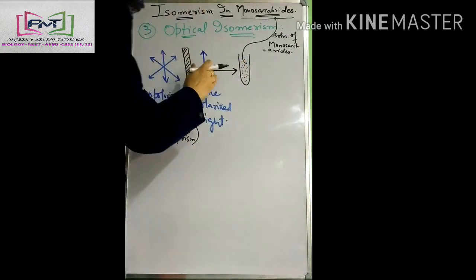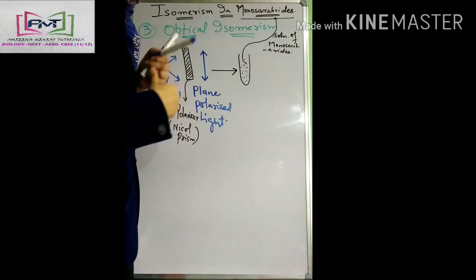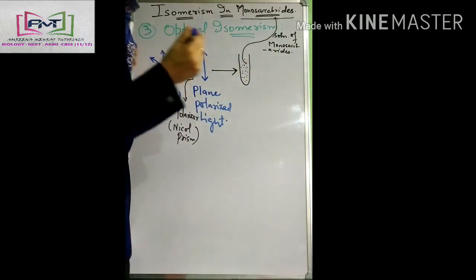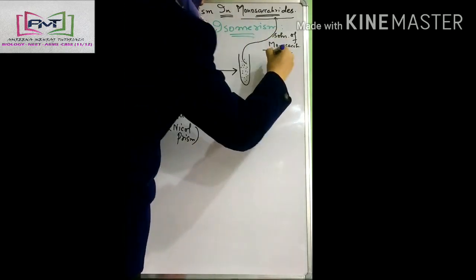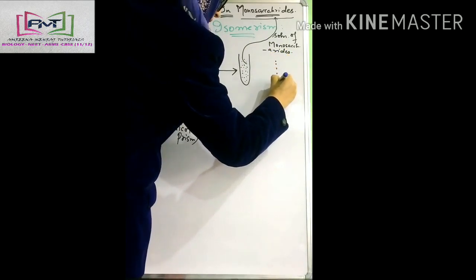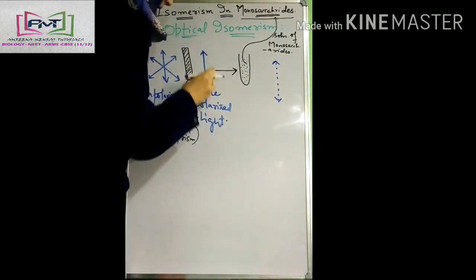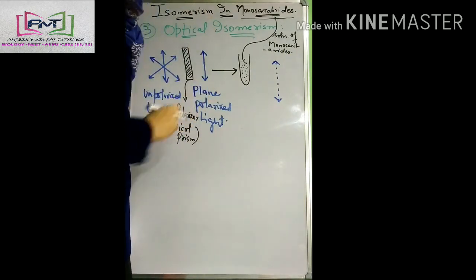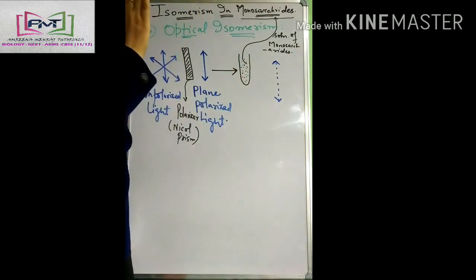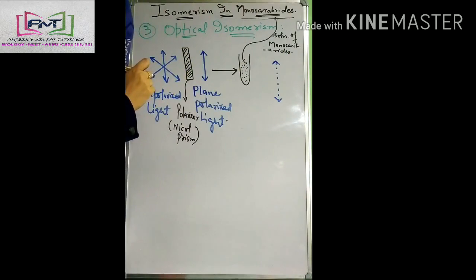Once the light falls on the test tube, there are two chances. What are the two chances? What will happen to the light? Suppose this was the original plane of light. This was the original direction of the plane of light. Now after falling on the solution, two possibilities are there.